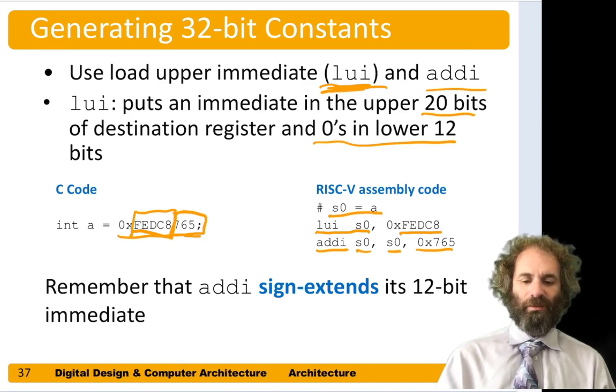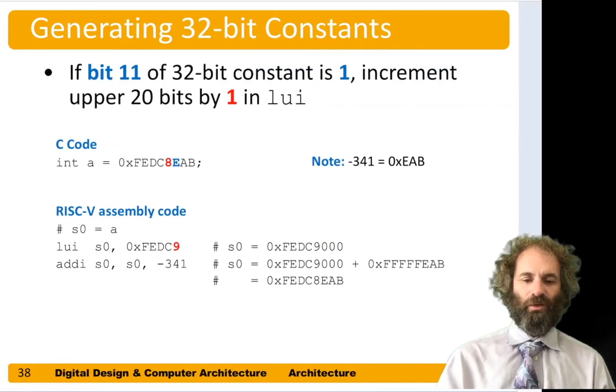It's important to remember that add-immediate is going to sign extend the 12-bit immediate. So if the 12-bit immediate had a 1 in the most significant bit, that is going to get sign extended and create 1s in all the other bits. And that effectively makes it look negative.